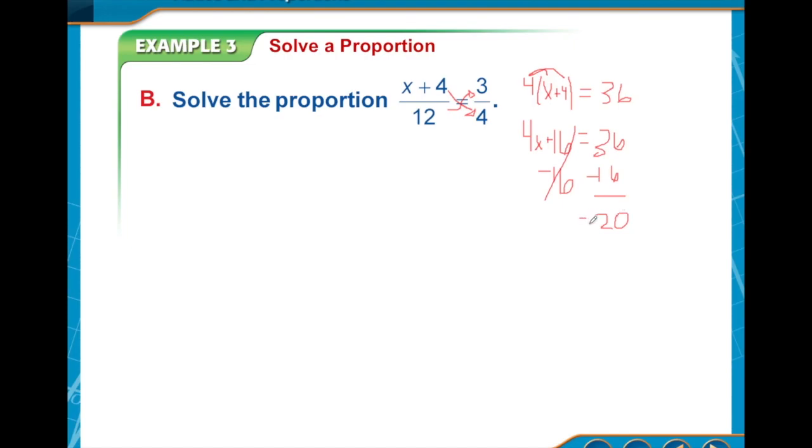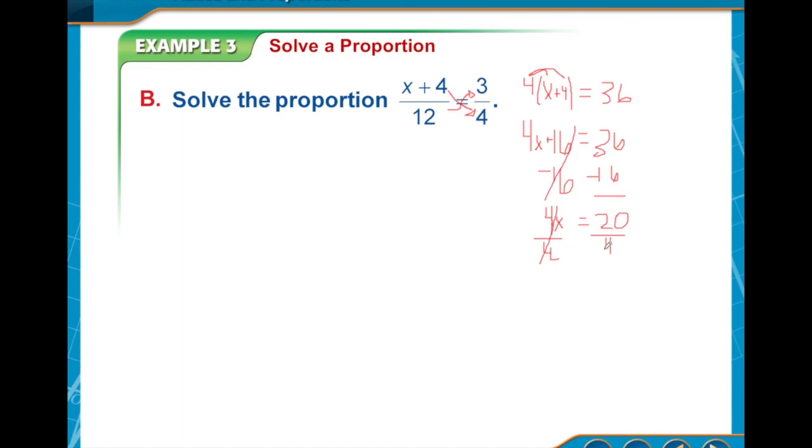So what we should see is 4 times some number will equal 20. So 4 times what gives me 20? If you're not sure, you can divide both sides by 4. And x, that goes away.